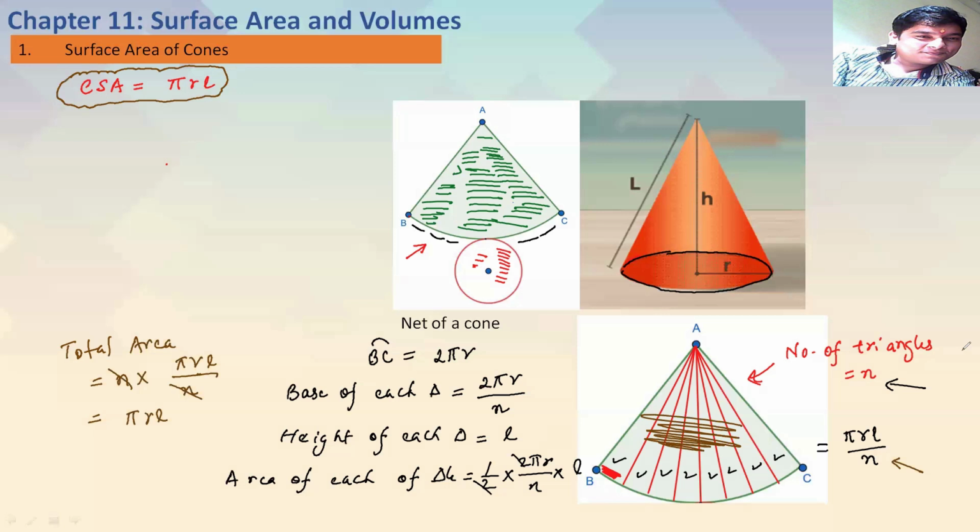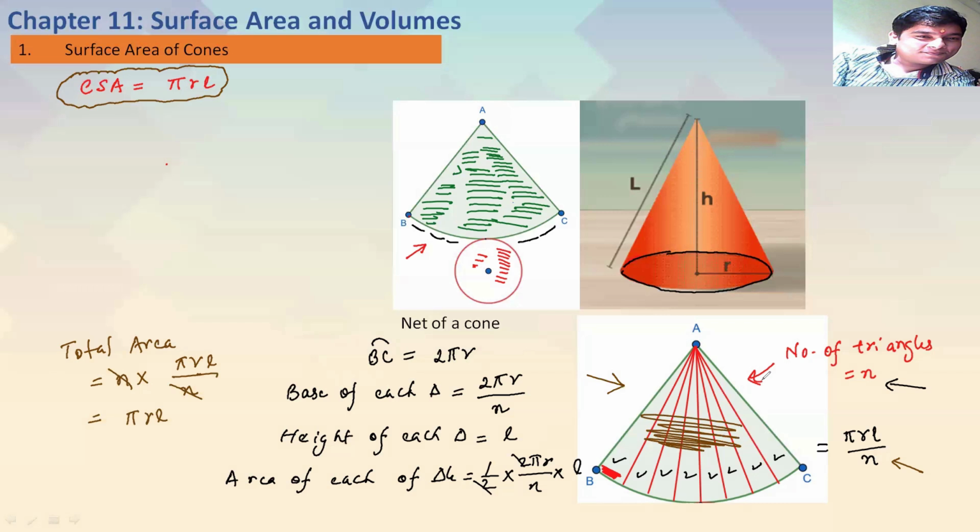Okay, fantastic. Is there any doubt, any confusion in understanding this? Do let me know so that I can reiterate what I taught you. What is confusing? You are reading it as 8 triangles, right? That's because I drew 8 triangles only.